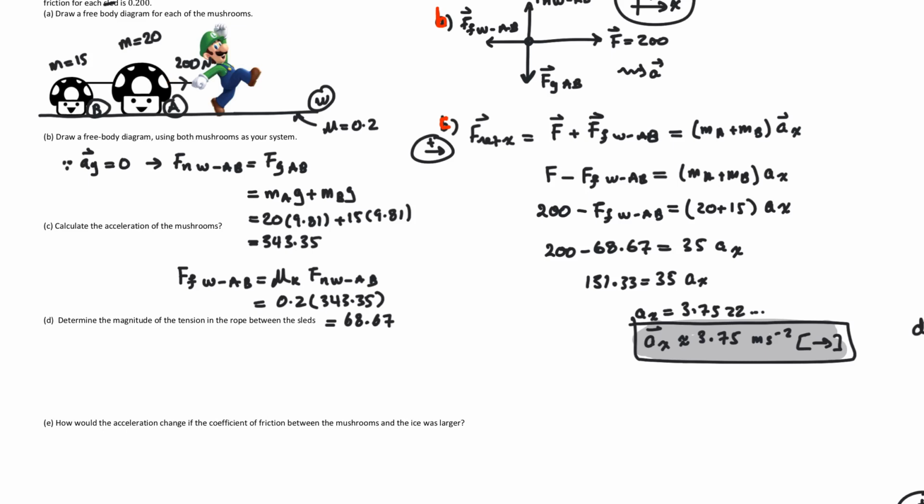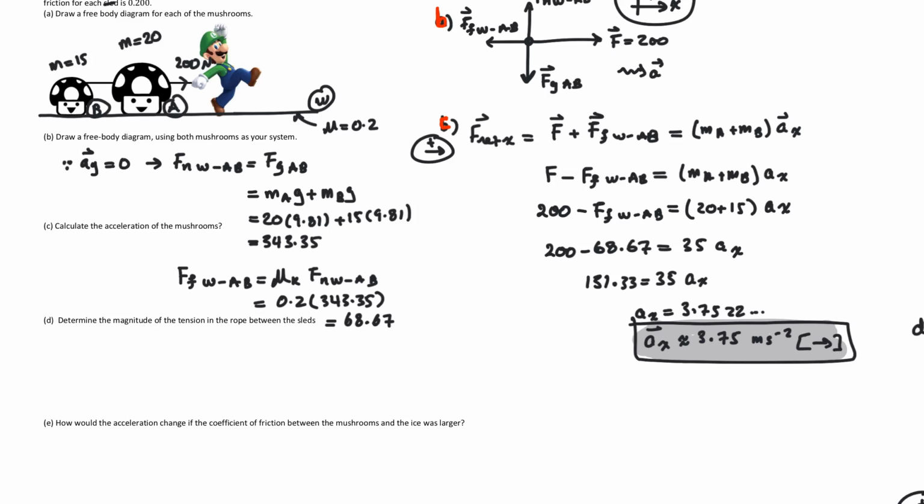So again, this is 200. At the moment, the force of friction is 68. If, let's say, the coefficient of friction increased, and the force of friction increases from 68 to 100, that would mean that the net force is reduced to 100 instead of 131. And if the net force is smaller, that would mean that the acceleration is also reduced based on the second law of motion.